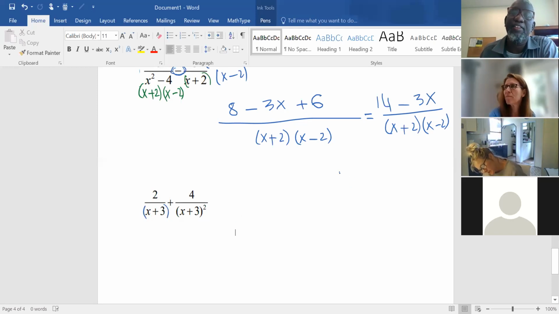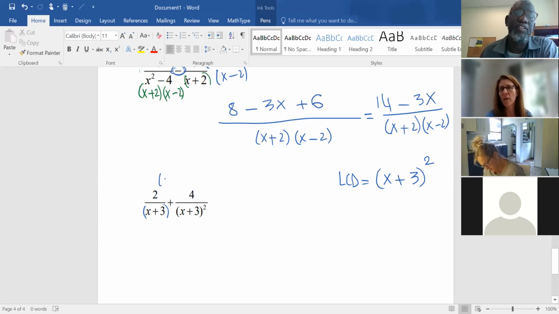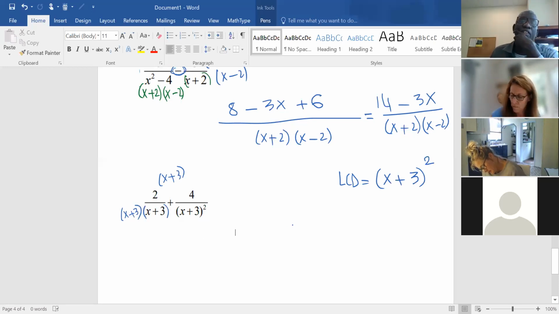So you distribute the 2 to the x plus 3, so that's 2x plus 6, plus 4, which is 2x plus 10. So 2x plus 10 over x plus 3 squared. You can stop there. You don't have to go any further than that.